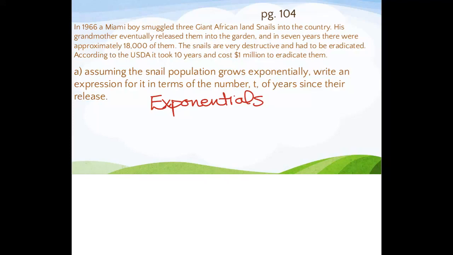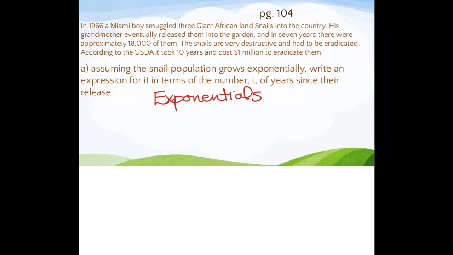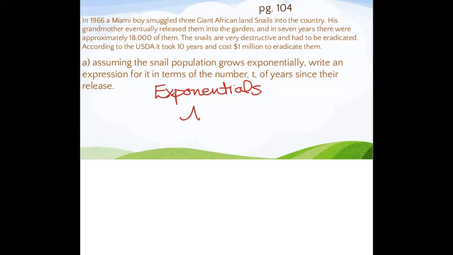All right, can someone remind us of what that exponential equation looks like? Okay, to the exponent of t, which is time.